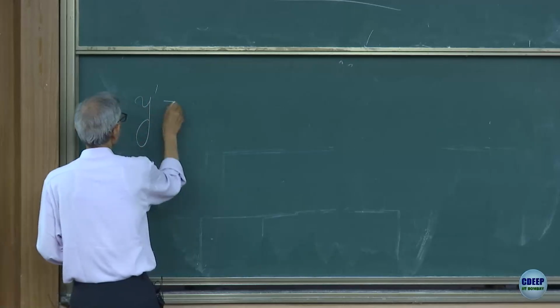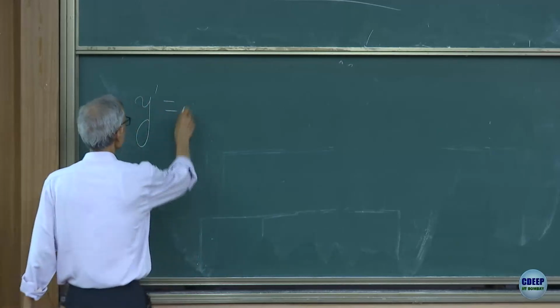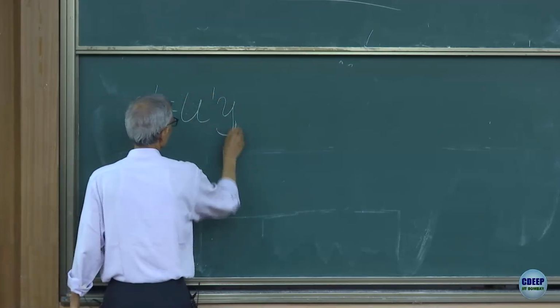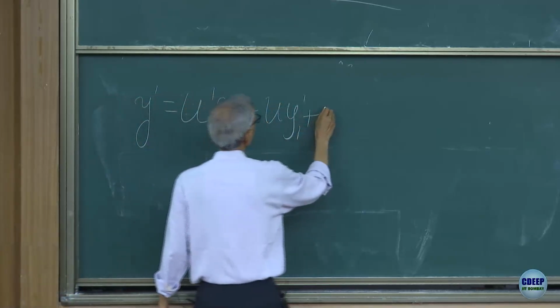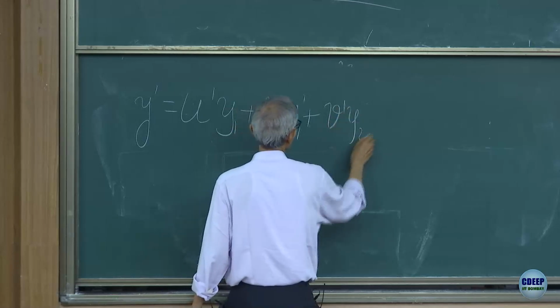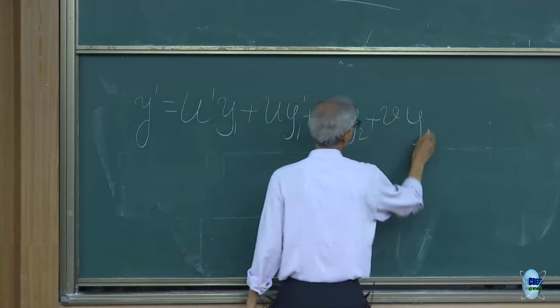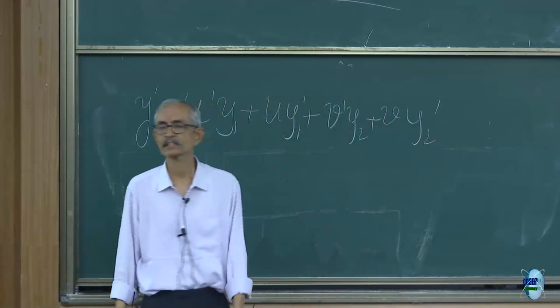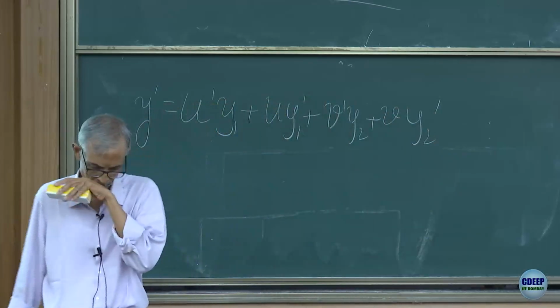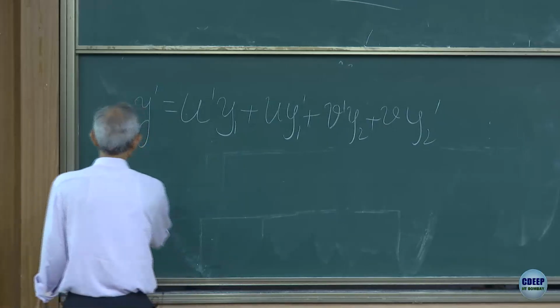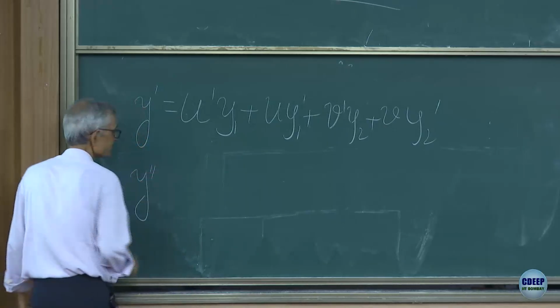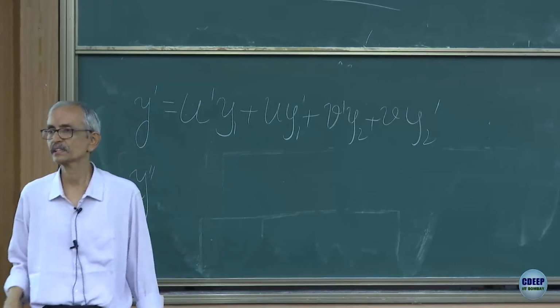So y prime is going to be u prime y1 plus u y1 prime plus v prime y2 plus v y2 prime. That's my first differential. Now I need also my second differential, right?